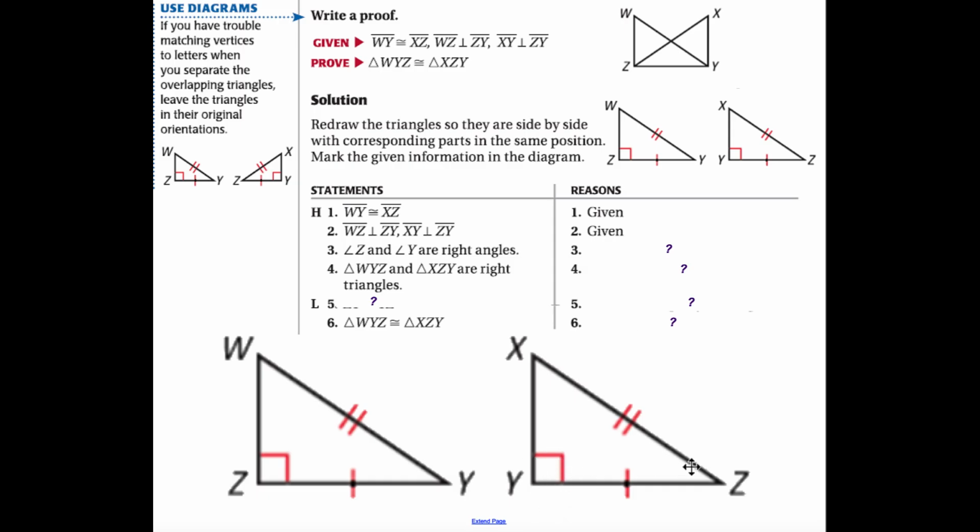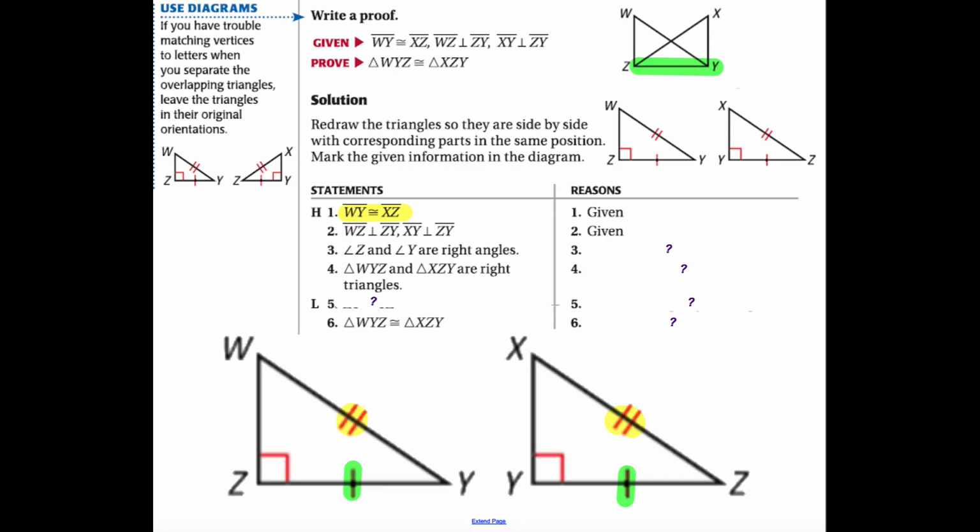Okay, now the one thing that they didn't give us is why do we have ZY and YZ? Why are those congruent? They gave us one congruent segment that looks like the hypotenuses, but they didn't give me why ZY was congruent to YZ. Well, think about it. ZY, YZ. That's right. It's a shared segment.